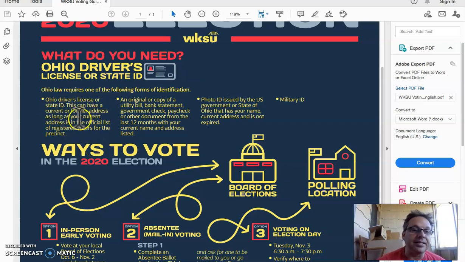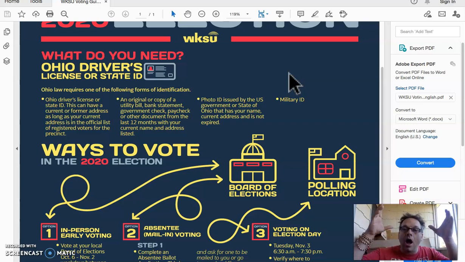This next thing says that it can have a current or former address as long as your current address is in the official list of registered voters for the precinct. A precinct is an area where people live, where they vote, right? So precinct, just an area. Now, what's important here is that the voting people, the people in charge running the voting, need your current address.